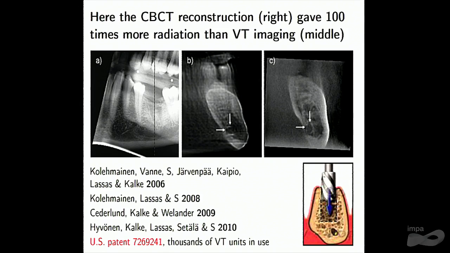So then, it turned out that with this approach, because this is what the dentist wants to see, there are X-rays that are tangenting these boundaries that are of interest. So here is the nerve channel, here is the top of the bone, and here you can see the millimeters.